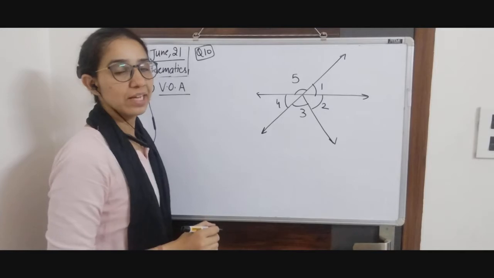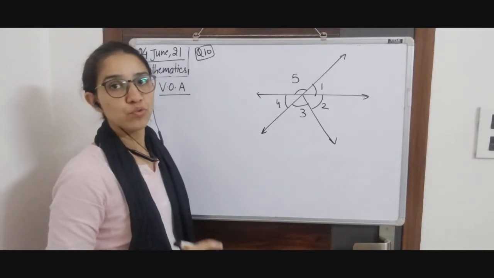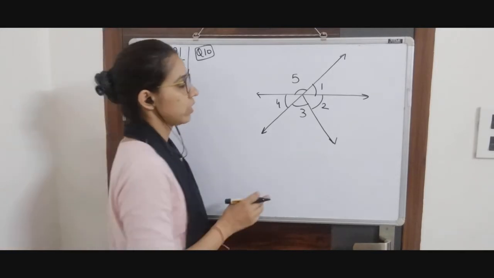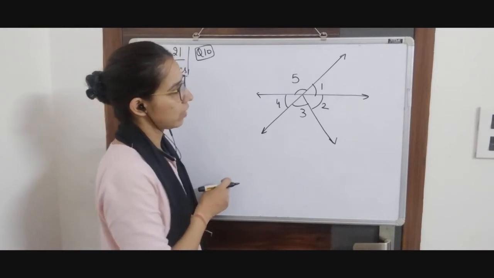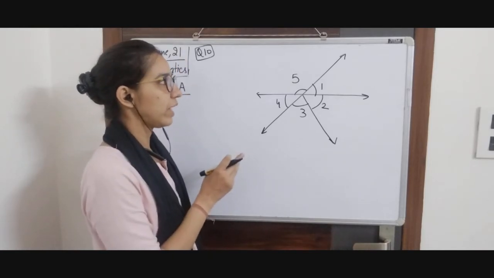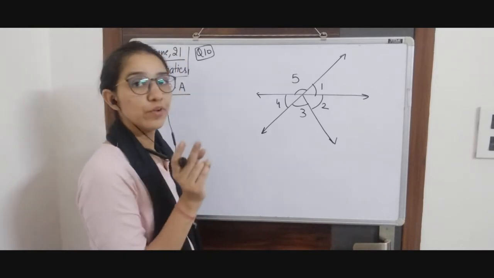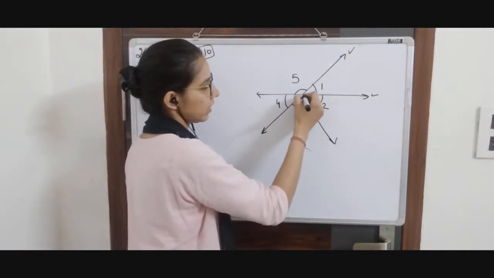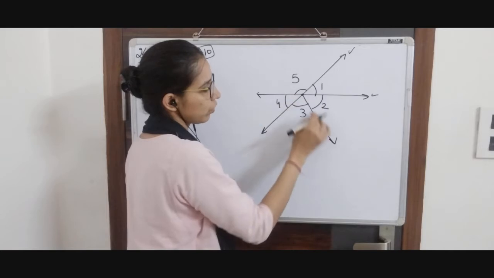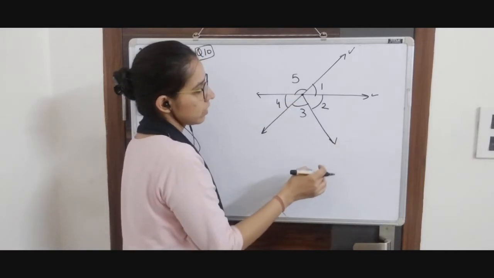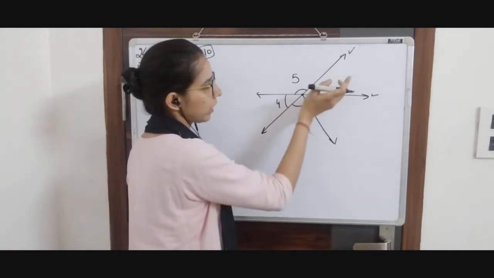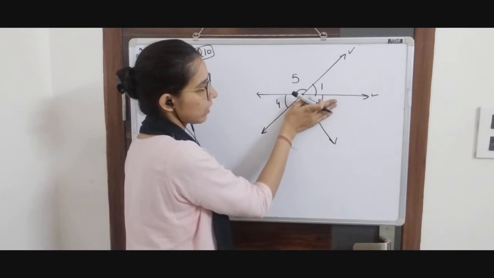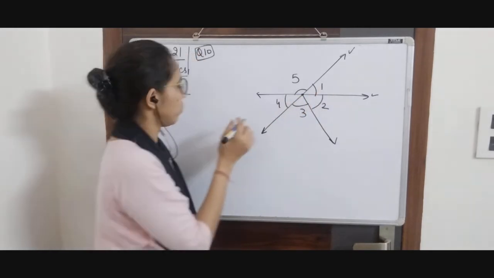Vertically opposite angles means we have to find two lines intersecting at a point. As we noticed while drawing the figure, there were two lines, this one and this one, and these are intersecting here. So we are going to ignore this ray for a bit, and we are going to check what are the vertically opposite. These two lines are intersecting, so angle 1 and 4.